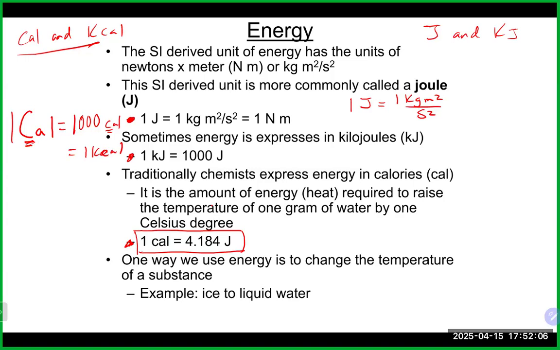So a capital C is more of a nutritional calorie, like calories you ate, calories you exercised off, all those types of things. There is a difference between a capital C calorie and a lowercase c calorie. And again, in most cases, we deal with the smaller c, unless you're doing something with nutrition.